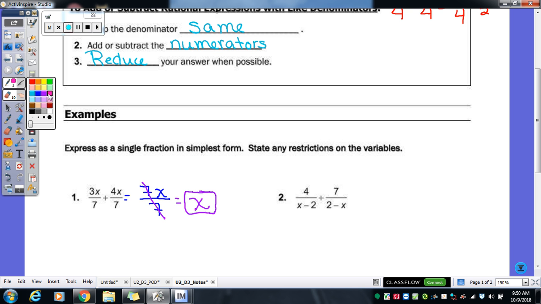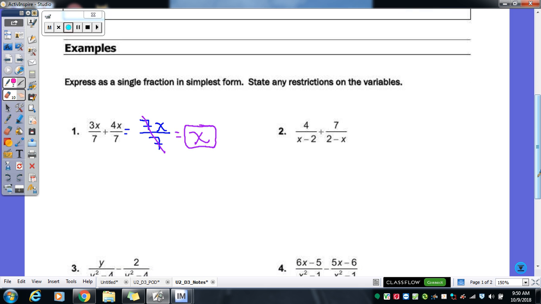So let's look at example 2. Are my denominators the same in example 2? Are they exactly identical? Not quite. They're close though. What's the difference between them? They're flipped. So what I'm going to do is flip this one and make it x minus 2.